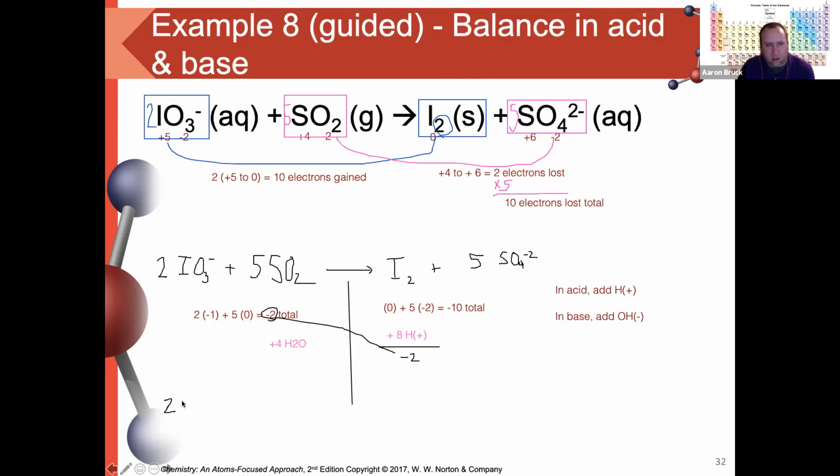Two iodate plus 5 sulfur dioxide plus 4 water makes iodine and 5 sulfate and 8 hydrogen ions.